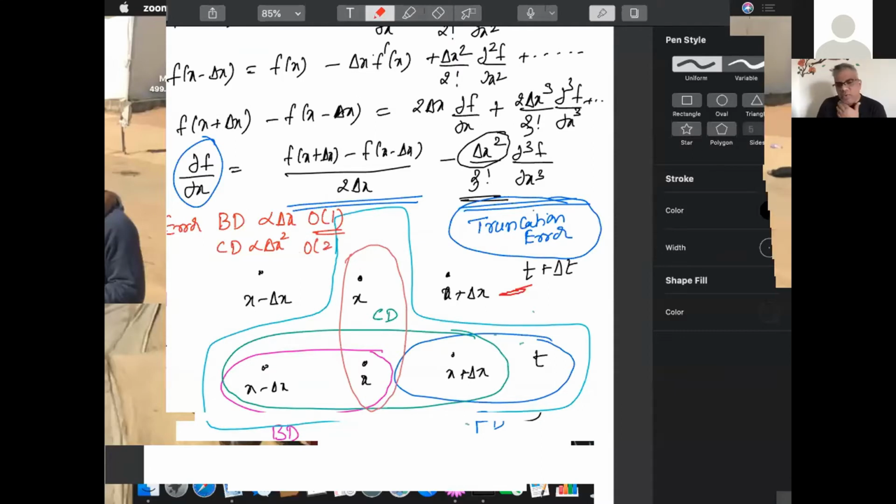So we would like to have a scheme with the highest order of accuracy. We are not worried about how you get this order of accuracy, but we want the order of accuracy for a given numerical scheme to be as high as possible. So this is basically the idea of the finite difference method.